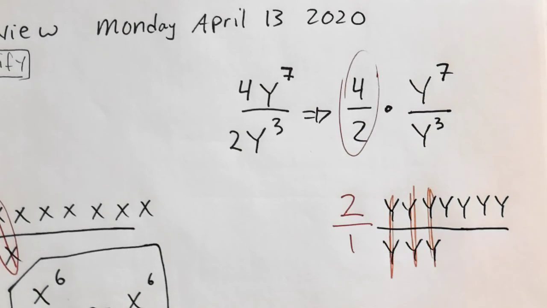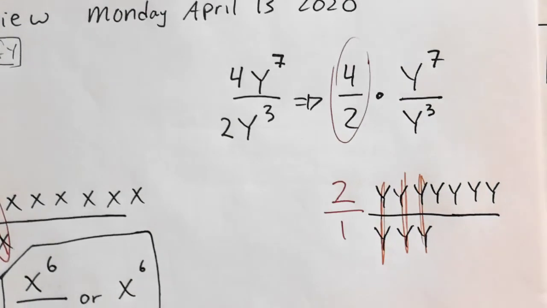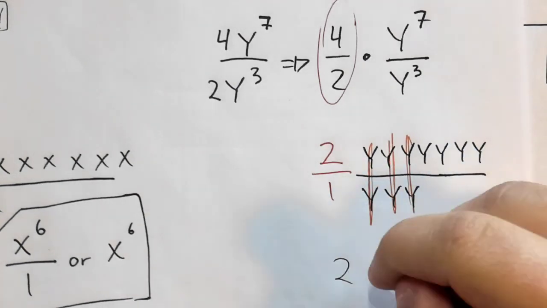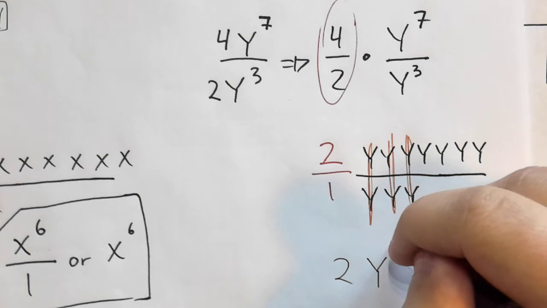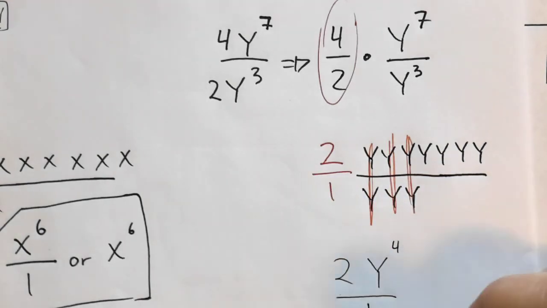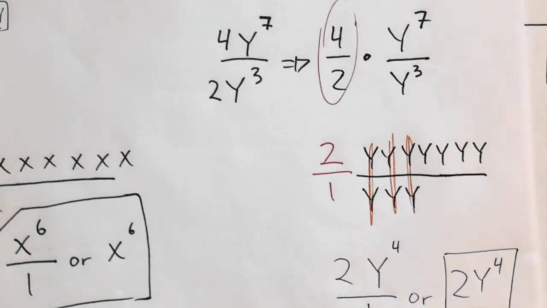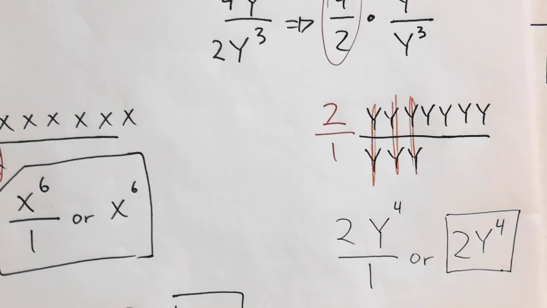What are we left with? Well, there's 4 y's. So this would be 2, and this would be y, and there would be 4 of them, over 1. Or you could just say 2y to the 4th. Either one of these is correct.